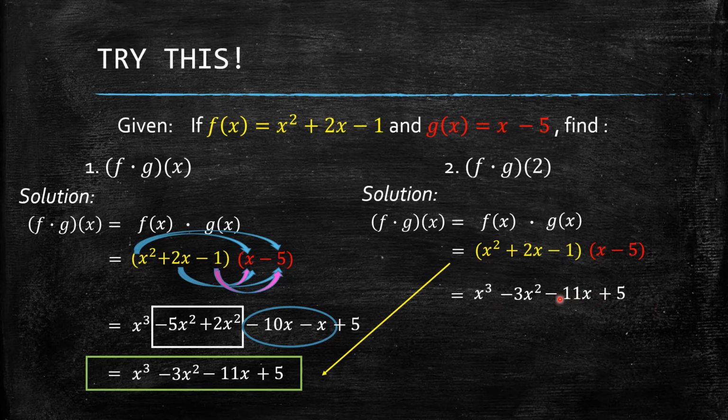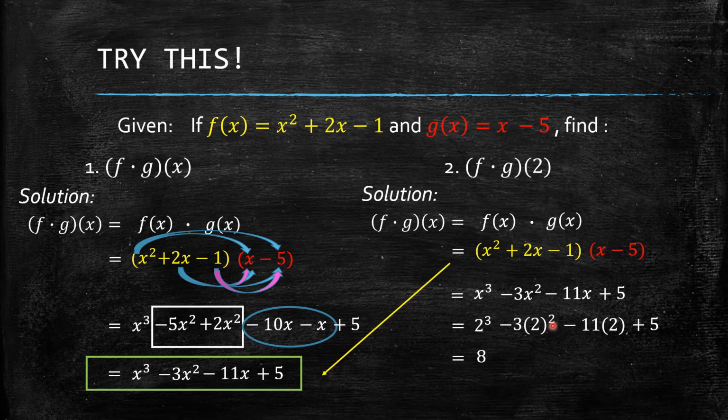Now, from this part, we will change the values of x. Since the number inside is 2, all x's here will be replaced with 2. So we will have 2 cubed minus 3 times 2 squared minus 11 times 2 plus 5. And then simplify. 2 cubed is 8.